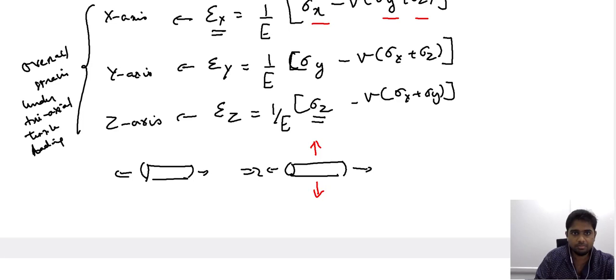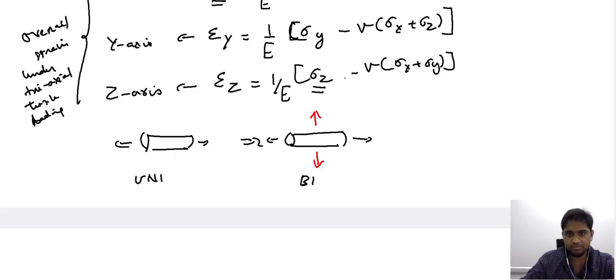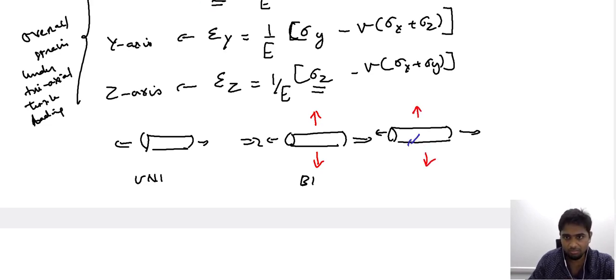So this is uniaxial and this here is biaxial, and now in this lecture we have considered a triaxial tensile loading. So the load along the longitudinal direction, the load along one of its perpendicular directions, and we have also considered the load pointing towards us. So we have considered different forms of loading.